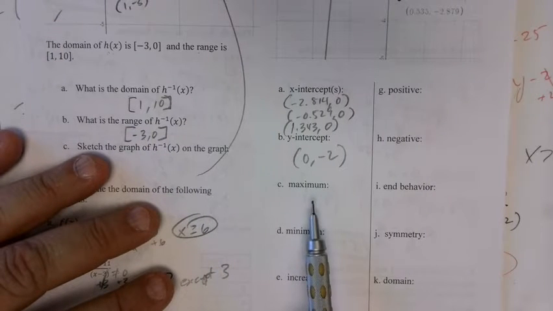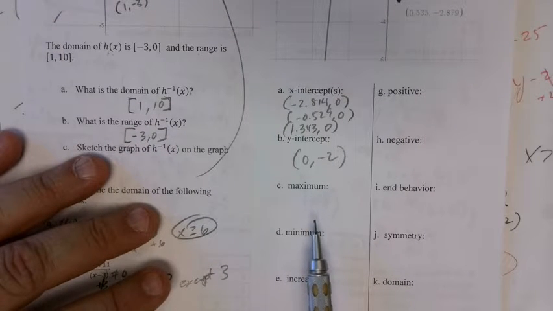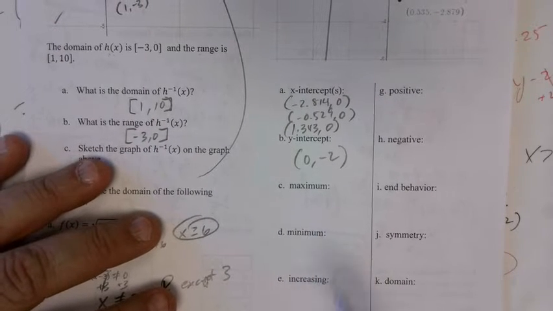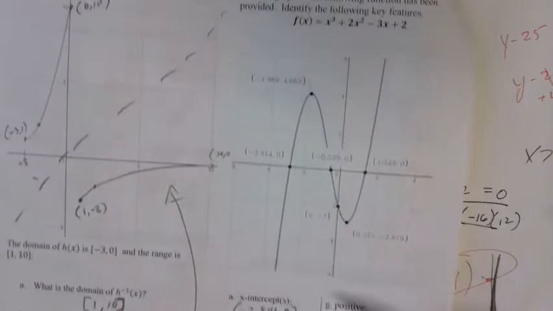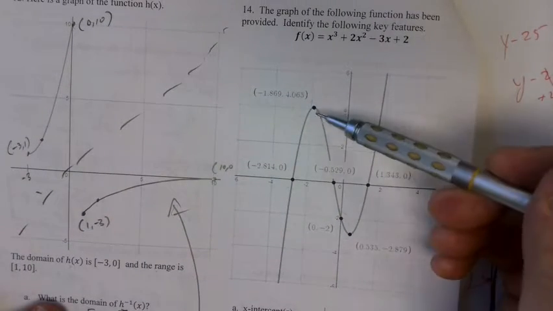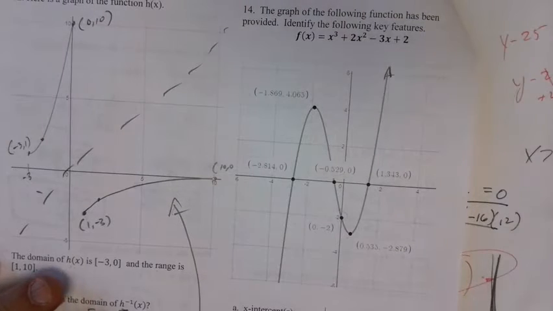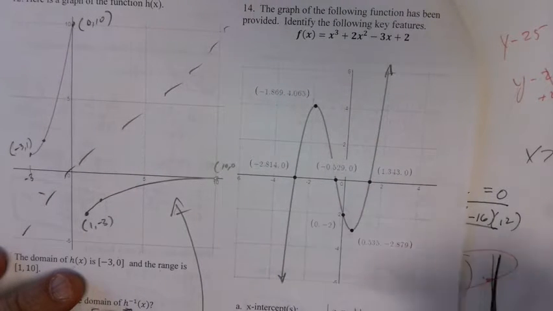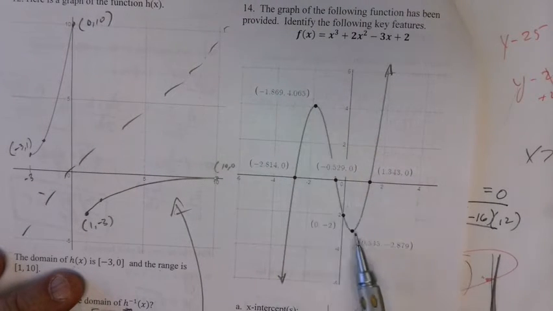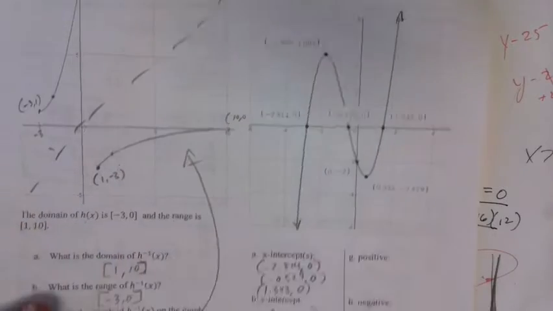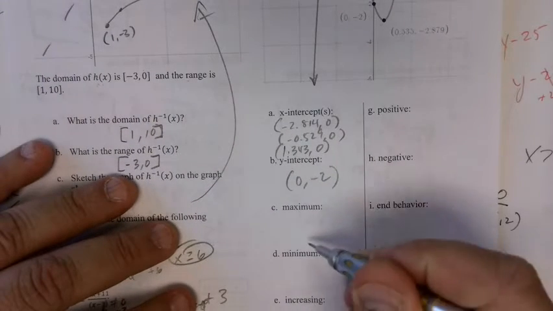Maximums and minimums. These are points. They're not going to be infinity. They're ordered pairs. So I look for a maximum, a high point, right there. I know this goes up forever here. We're looking for what's called a local maximum. Like we said, there are hills and valleys. So here's the hill: -1.869, 4.065. That's the maximum.